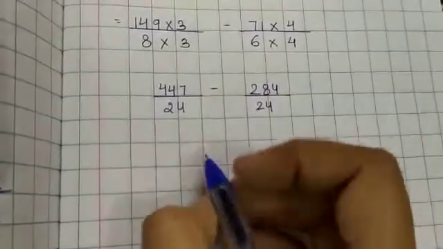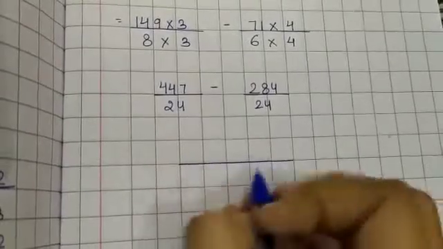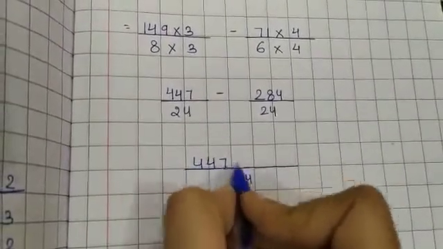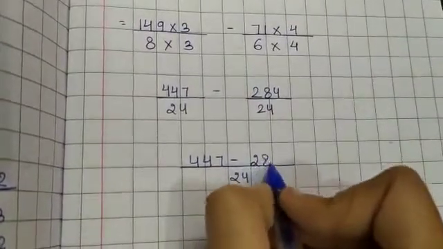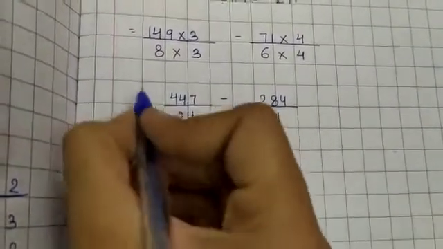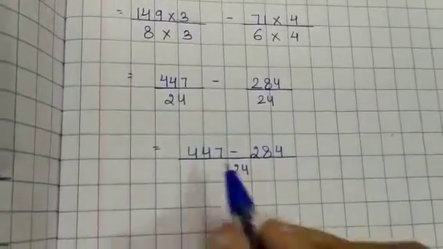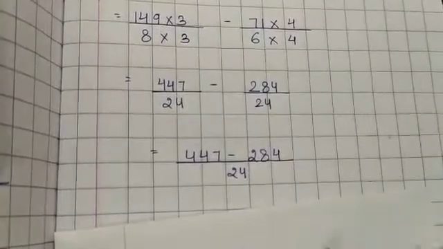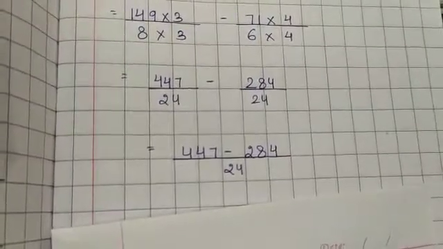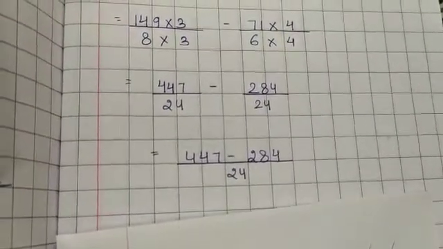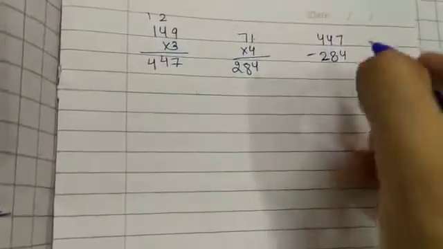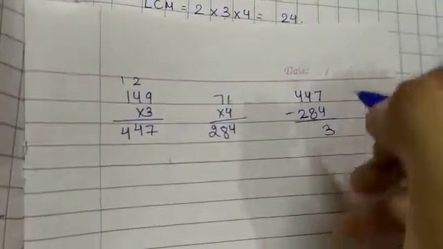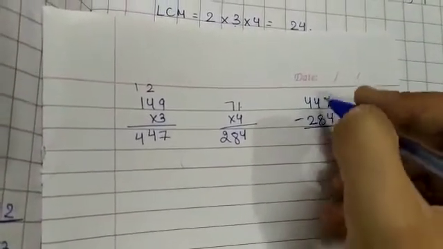Now denominators are same, so we'll simply subtract the numerator. 447 minus 284. Now subtract 447 and 284. 7 minus 4, 3. 4 minus 8, we cannot subtract 8 from 4.